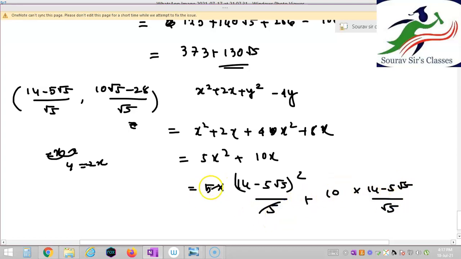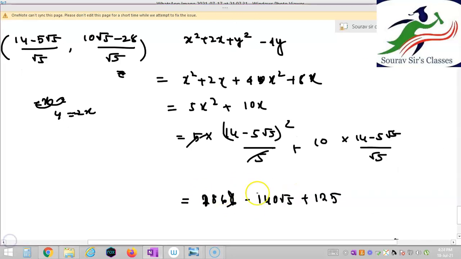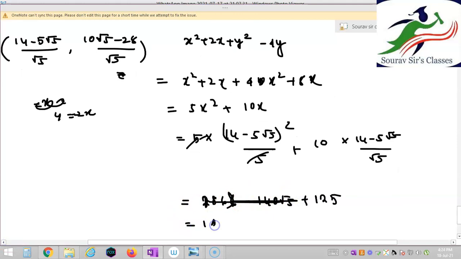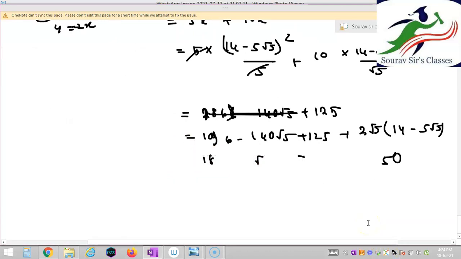So cancelling this, that is equal to 196 minus 140 root 5 plus 125, plus 2 root 5 into 14 minus 5 root 5, and if you calculate this you will get 271 minus 112 root 5.